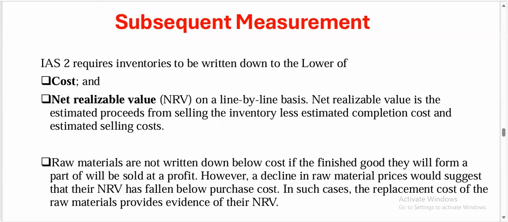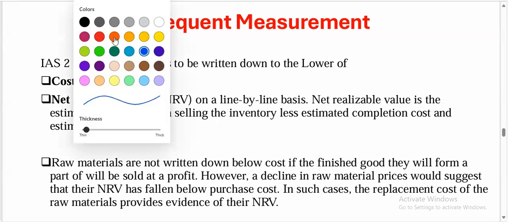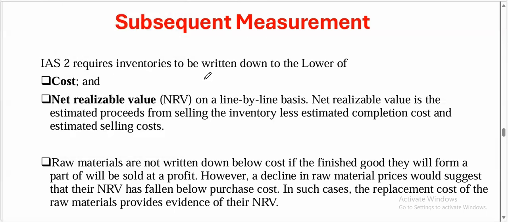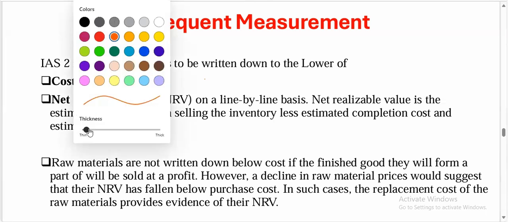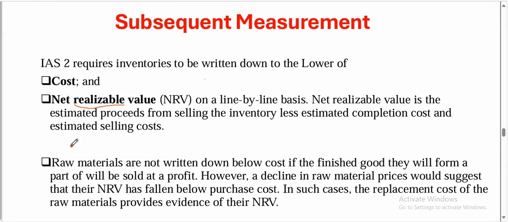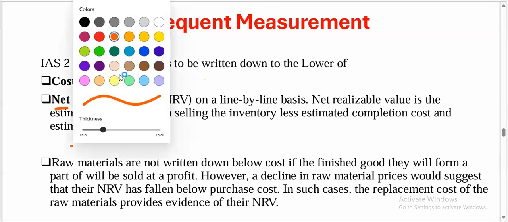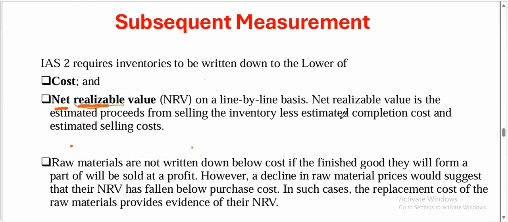As you may know, when we talk of net realizable value, as the name implies, net realizable, how much will you obtain from selling the asset after you have deducted your cost to sell and your cost to complete?